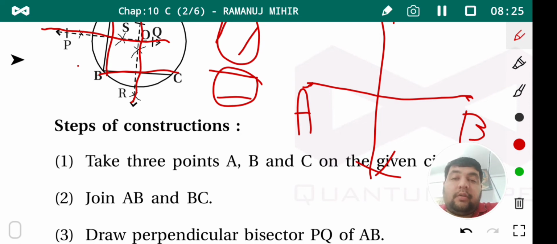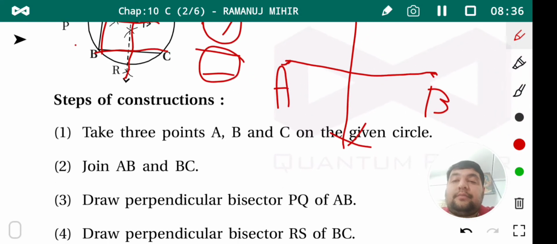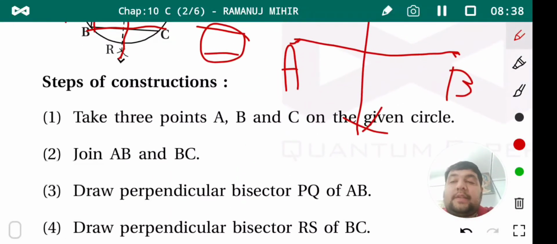So what will be the center of that thing? Without measuring anything, only by using your compass you can do it. So now we will understand these steps and make clear everything we have done in the construction.